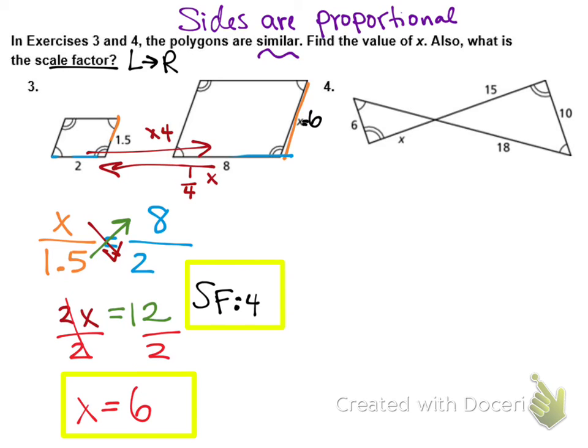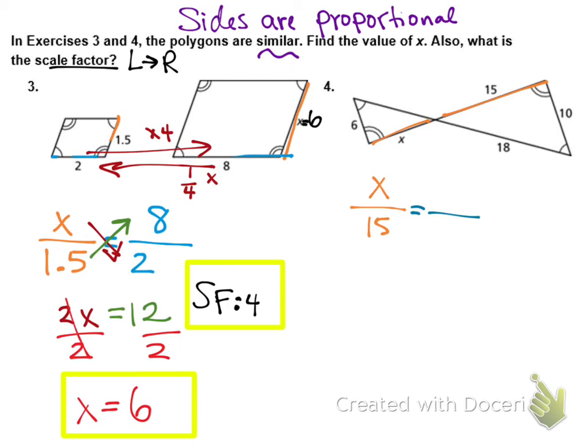Okay? The second, we've got 2 triangles. We want to find x. What does x correspond with in the other figure? 15. So x is between the 2 arcs and the blank angle. 15 is between the 2 arcs and the blank angle. So x over 15 equals, x is in the numerator, so we need to take from the same triangle as x.